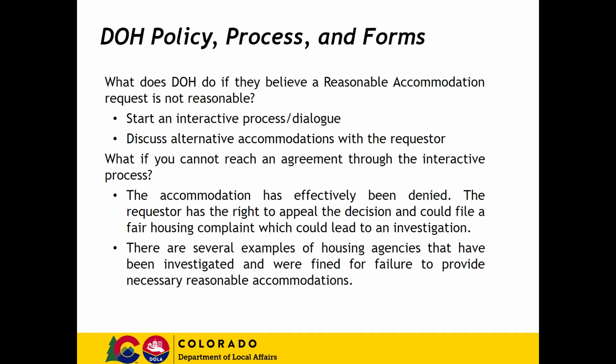I don't want to be one of those agencies. And so our process is very consistent when we review accommodations that on the surface aren't easily seen as something we could approve.